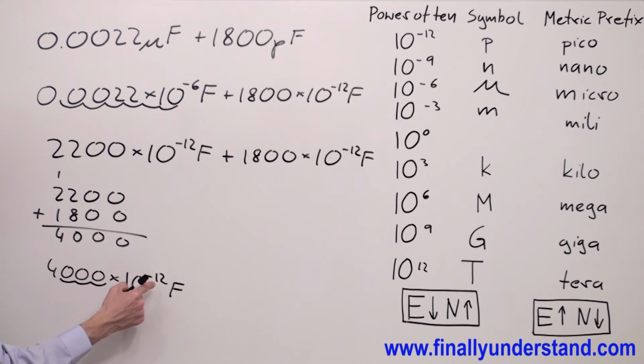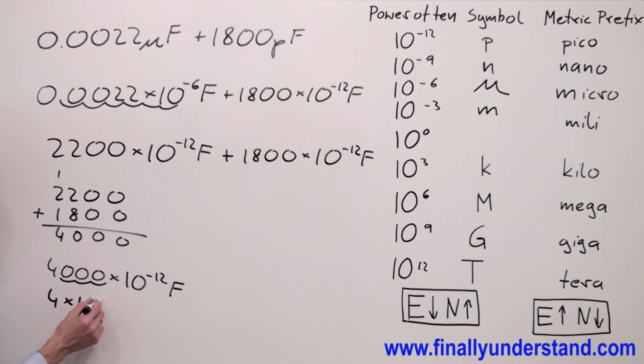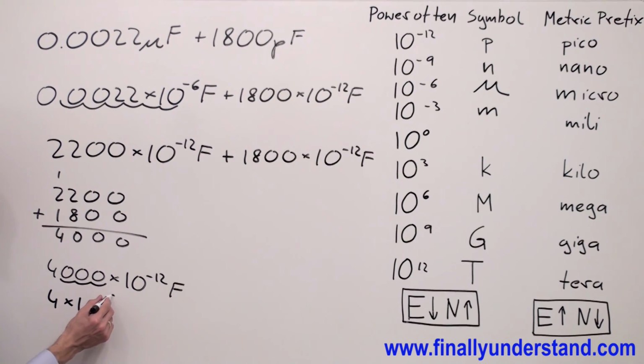In order to maintain multiple of 3 in my exponent, I'm supposed to move my decimal point 3 times to the left, and I'm going to have 4 times 10 to negative 9 farads. Remember, number gets smaller, exponent gets bigger.